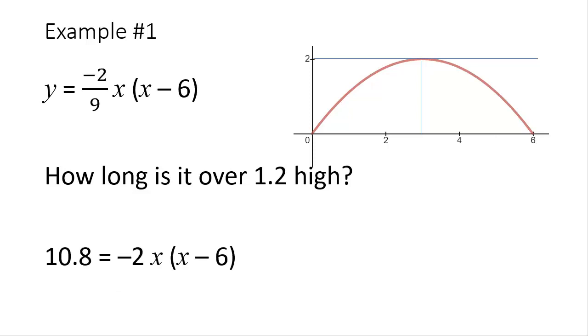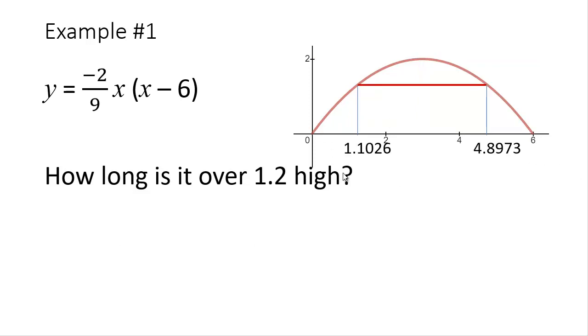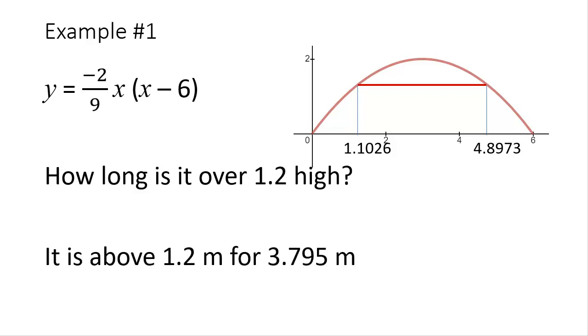We multiply the 9 across, expand the brackets, rearrange and solve, and we get x values 1.1026, 4.8973, which represent on the graph the points at which it is above 1.2 meters high. And we answer in context, how long is it over 1.2? Well, it's the difference between those two numbers. We subtract them and we get 3.795 meters. And that's the answer to our question.